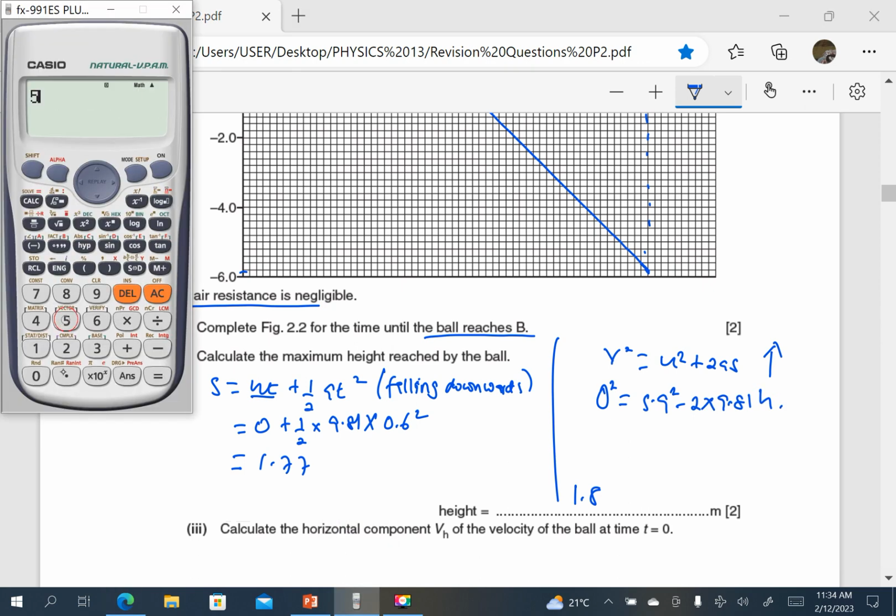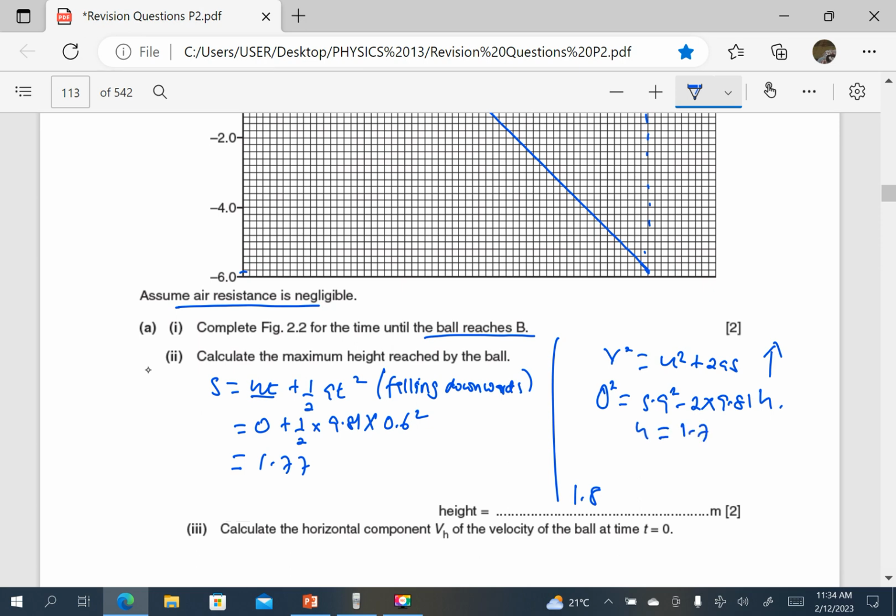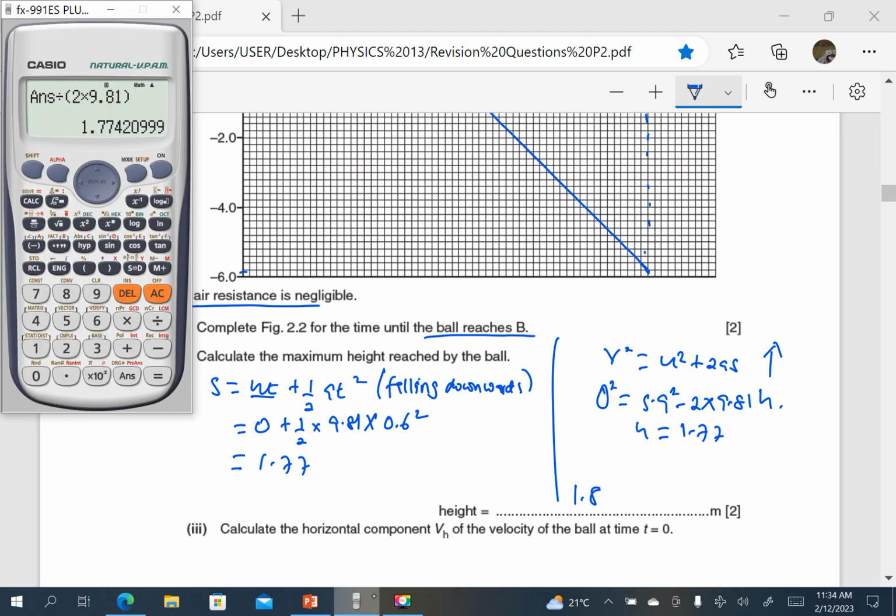So h is going to be 5.9 squared divided by 2 times 9.81, which gives us the same thing. So h is 1.77. So this is method 2.